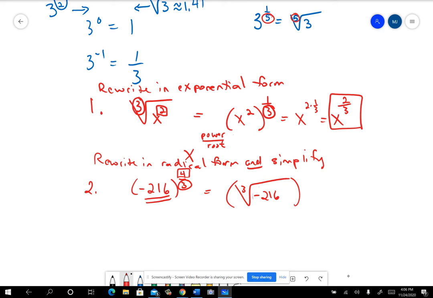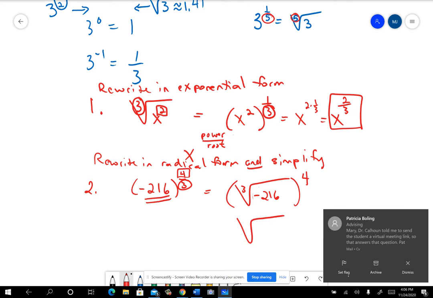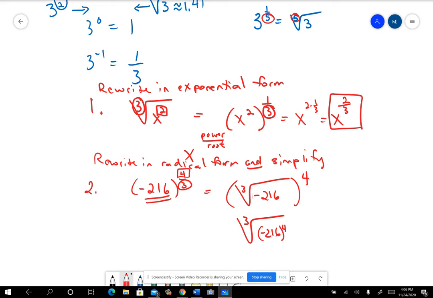So you could do it like this, or you could do it like this. You could do that either way. The top one is actually better, because if something turns out to be imaginary, you'll know it, and it'll also keep the numbers a little bit smaller. So that winds up equaling negative 6 when you do the cube root of negative 216.